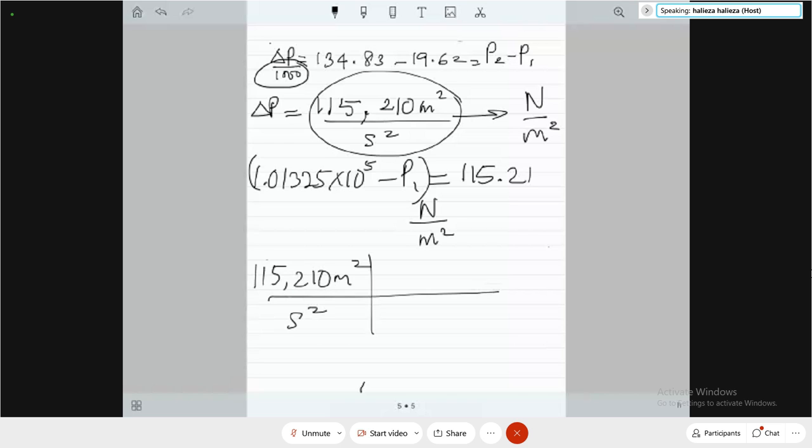Use your conversion factor. Okay, let's look at how to get it, guys. Anybody? You can look at the example in your textbook. There's one example in your textbook. Let's have a look.